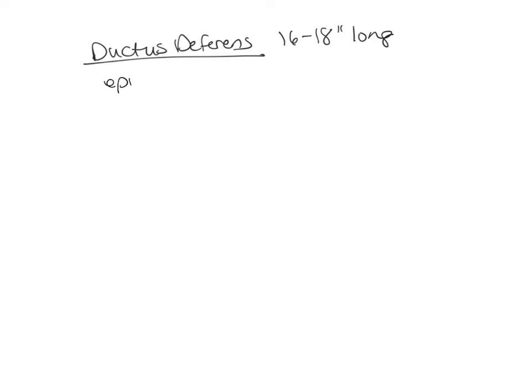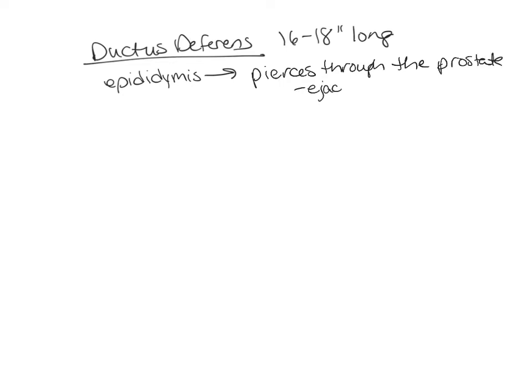It begins at the tail of the epididymis, and it ascends through the inguinal canal and goes around the urinary bladder, and it pierces through the prostate gland. And where it pierces through the prostate gland, it is called the ejaculatory duct. Then the ejaculatory duct will empty into the urethra.